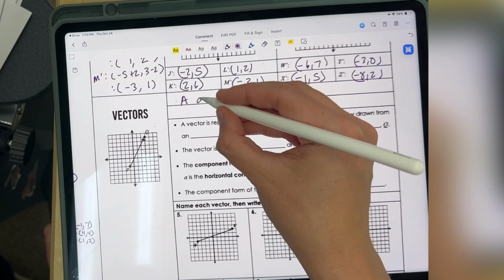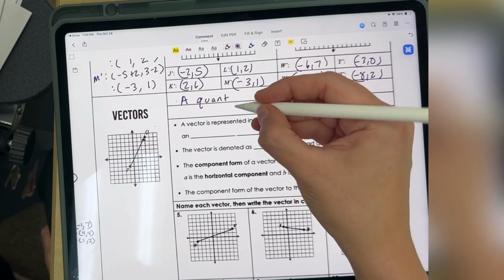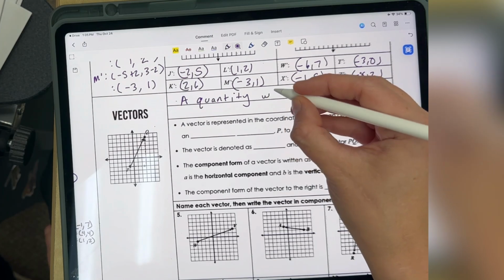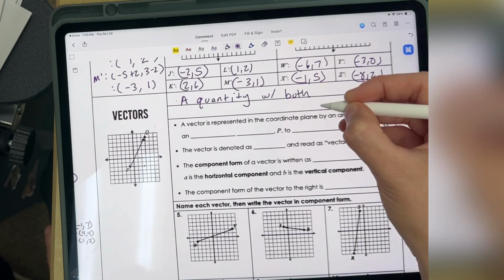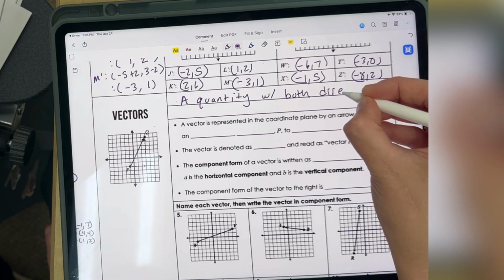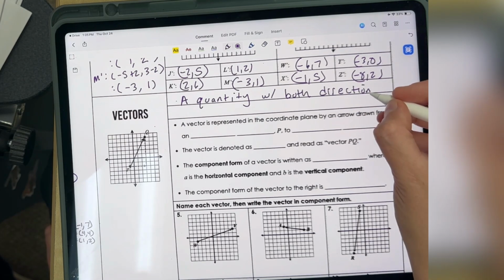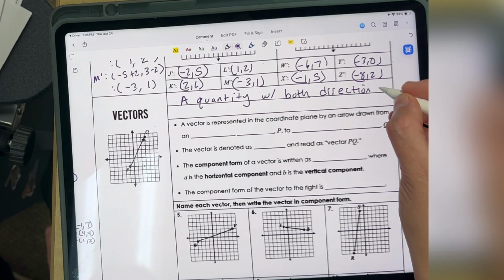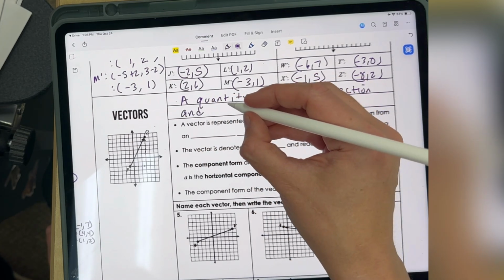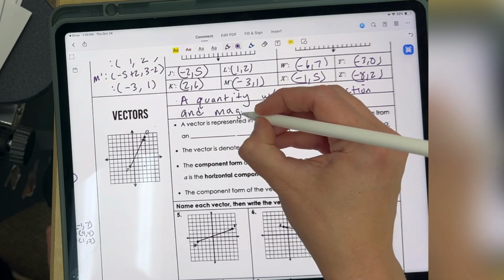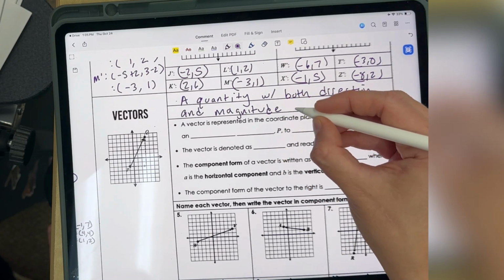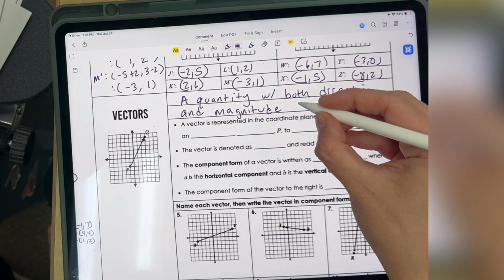A quantity with both direction and magnitude or size.